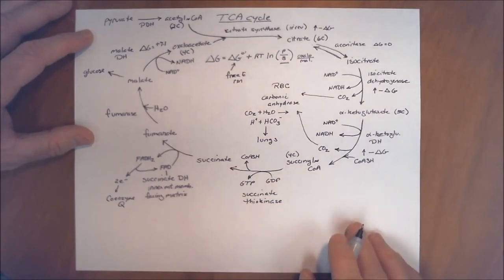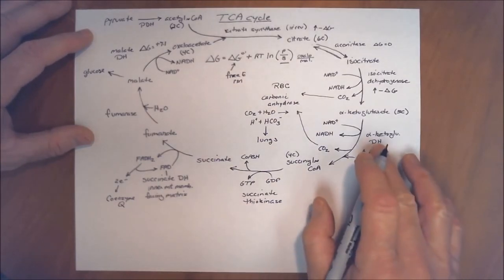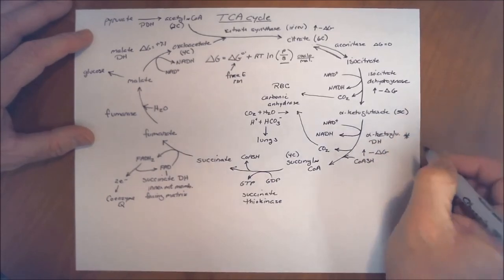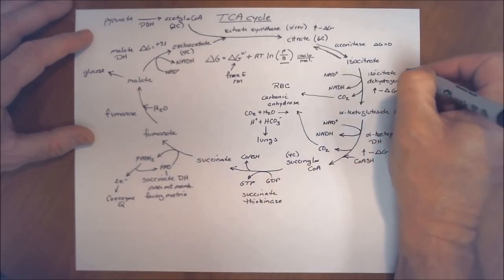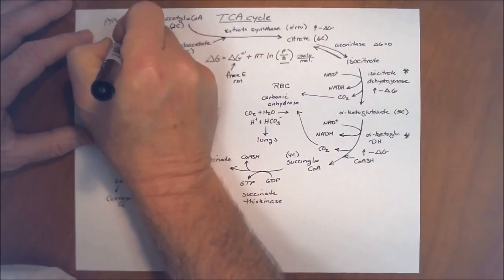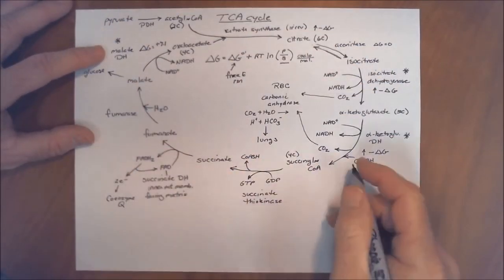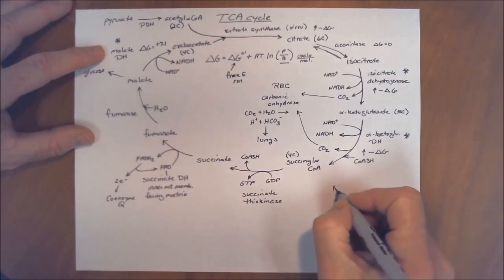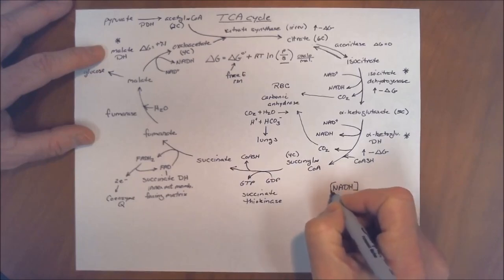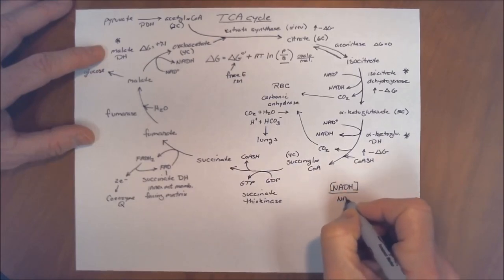Regulation is very simple in these reactions. We have a dehydrogenase enzyme here. We have another one here. And we have a final one here. These dehydrogenase enzymes are regulated by the NADH to NAD ratio.